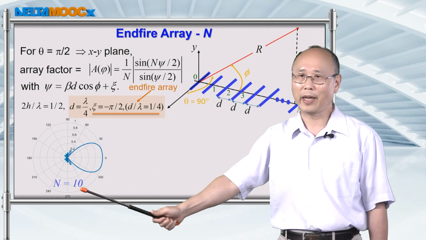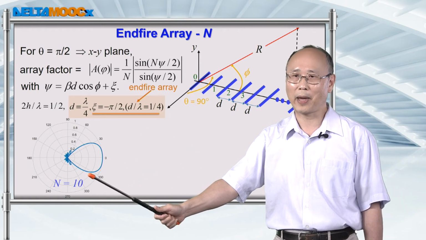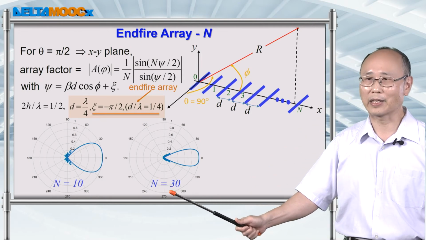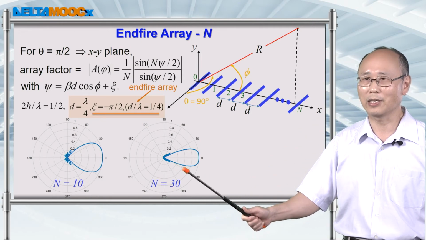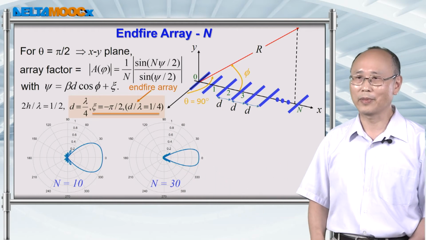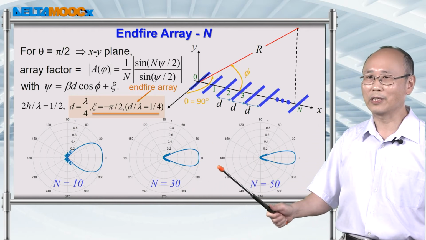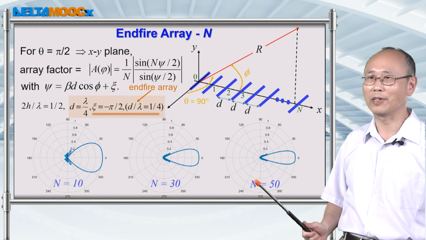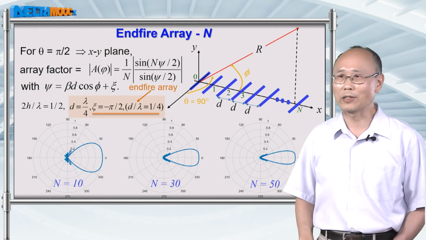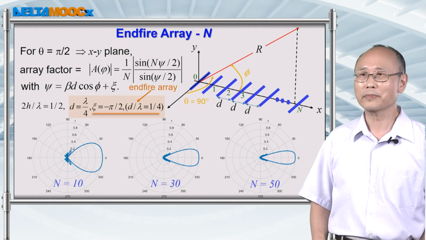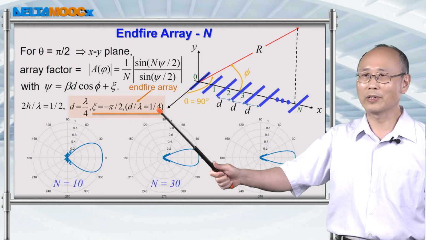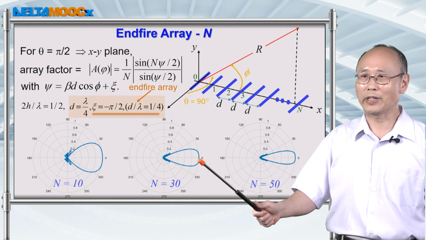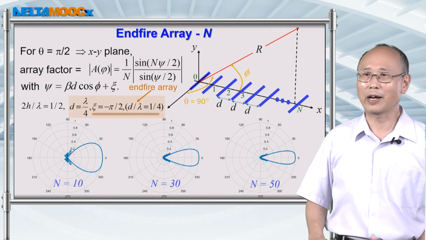For n equal to 10, you can plot this antenna pattern. Then if you increase the number of antennas to 30, you start to see the width become narrower. And if you continue to increase the number of antennas to 50, then the beam width is going to be even narrower. So this gives you a way to design the radiation intensity along different angles.